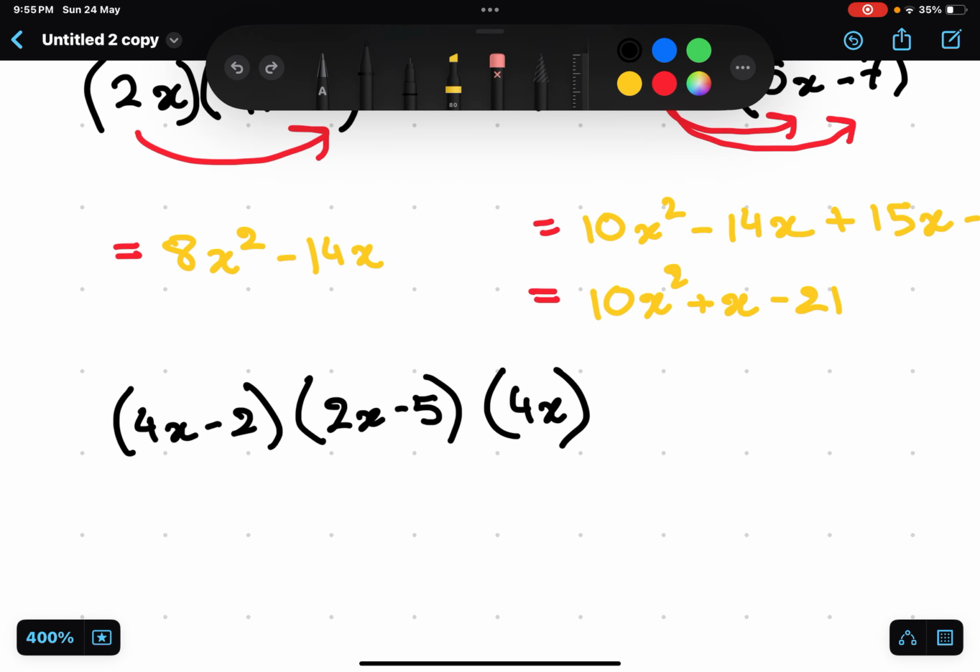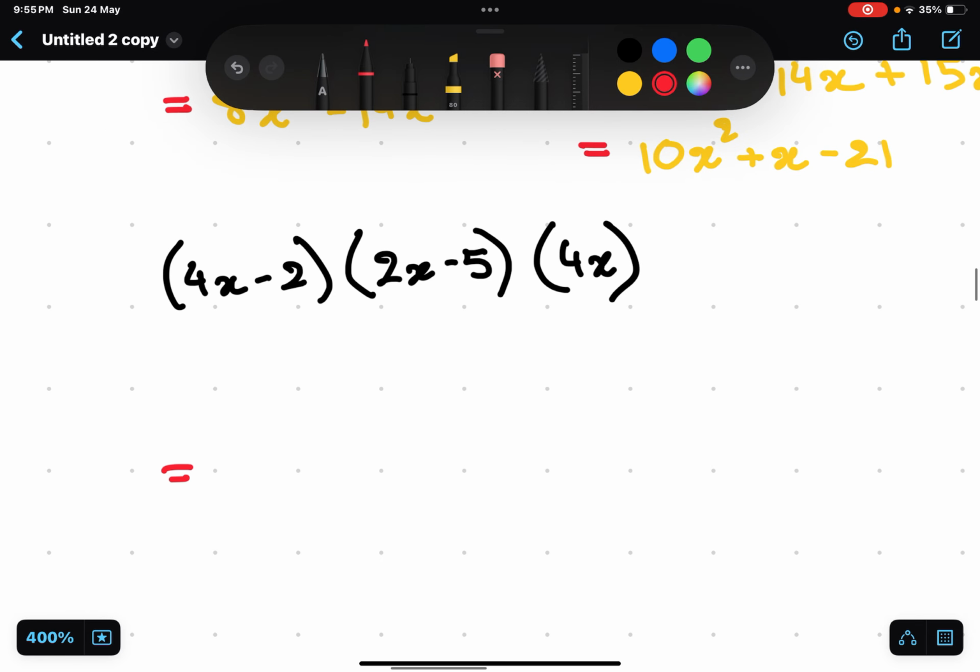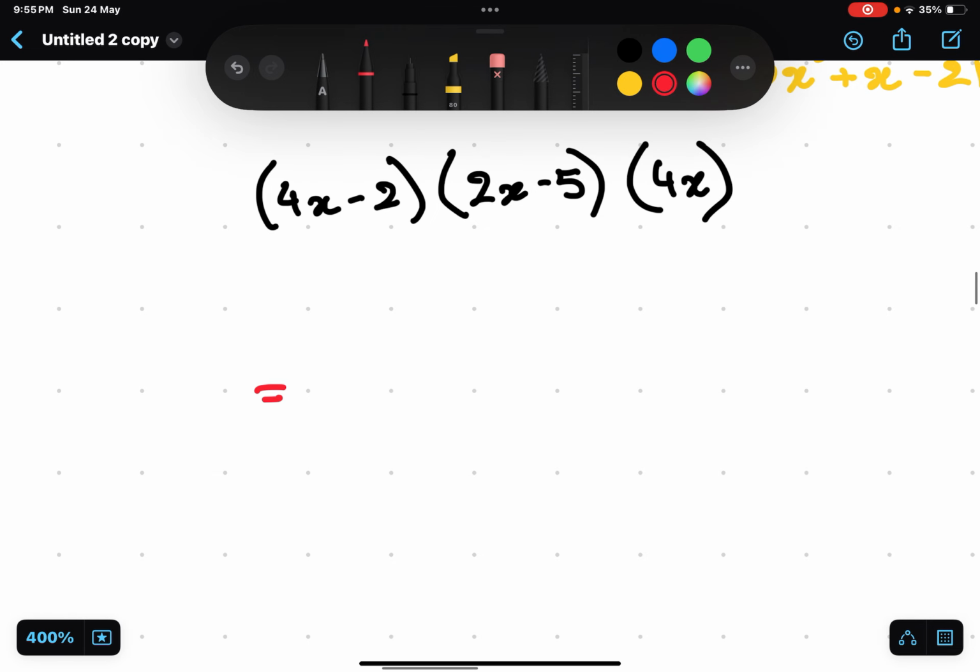So the easiest way to go about this is first choose 2 brackets over here. So I'm just gonna start with this and this. Get the hard stuff out of the way so that we can move on to just one term in that bracket. Okay, so we're gonna start by doing the simple thing we normally do, multiplying each of these terms. So this term and this term by this term and this term.